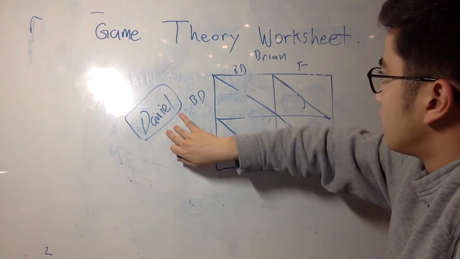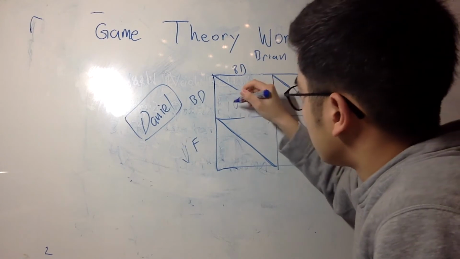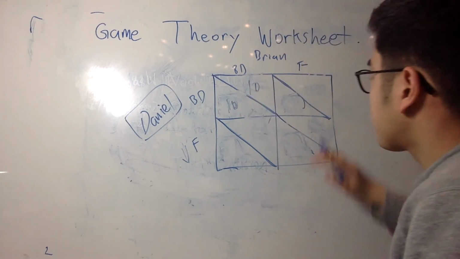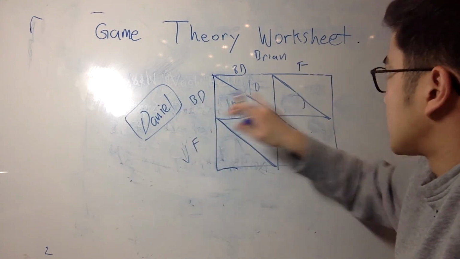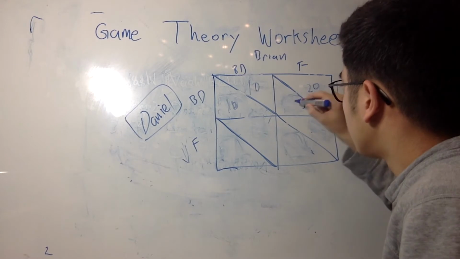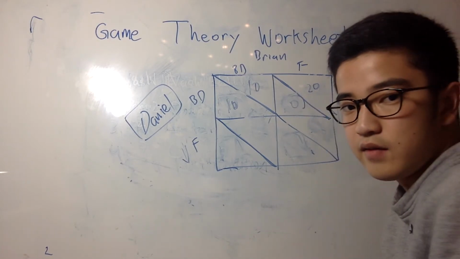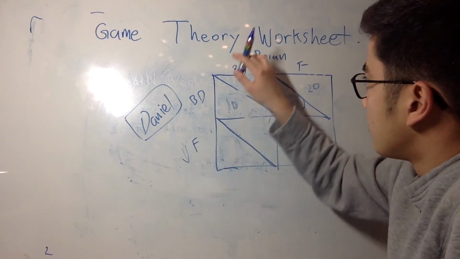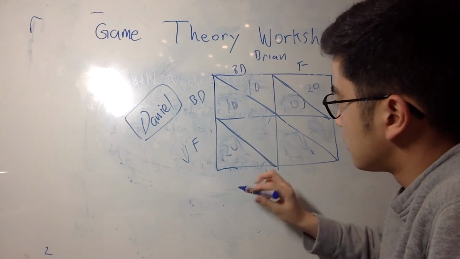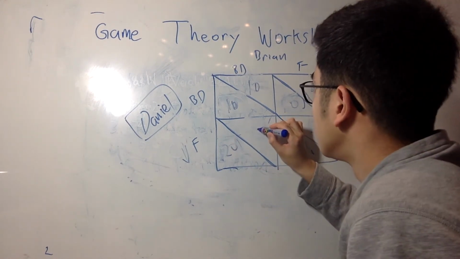So if both Daniel and Brian back down, then they each will be getting 10 grams of protein because they will be splitting it. If Daniel decides to back down and Brian decides to fight, then Brian will be getting 20 grams of protein while Daniel will be getting none. And if Daniel decides to fight and Brian decides to back down, then vice versa, Daniel will be getting 20 grams of protein while Brian will be getting none.